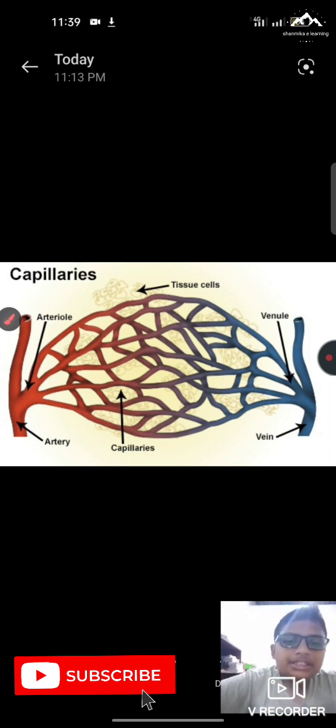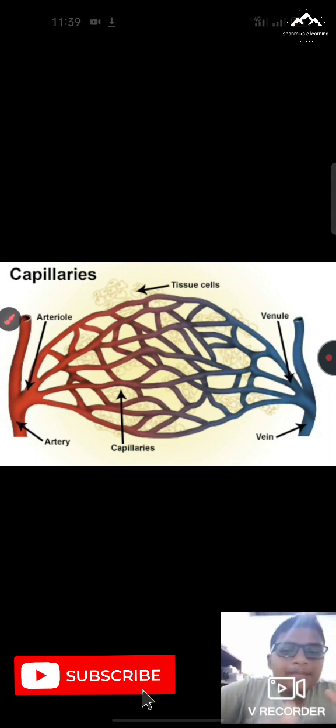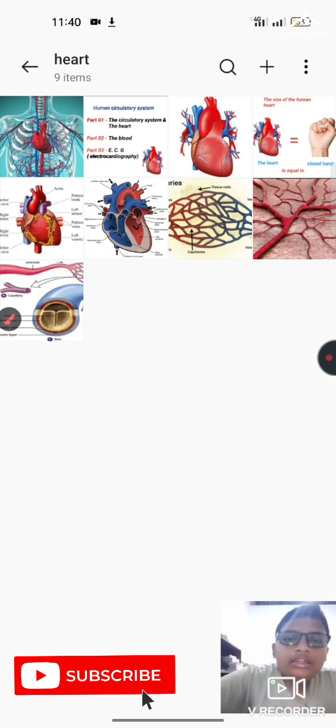You can see, that deoxygenated blood travels through this venule and goes to the vein, and this vein connects to the main veins, which are known as the inferior vena cava and superior vena cava.